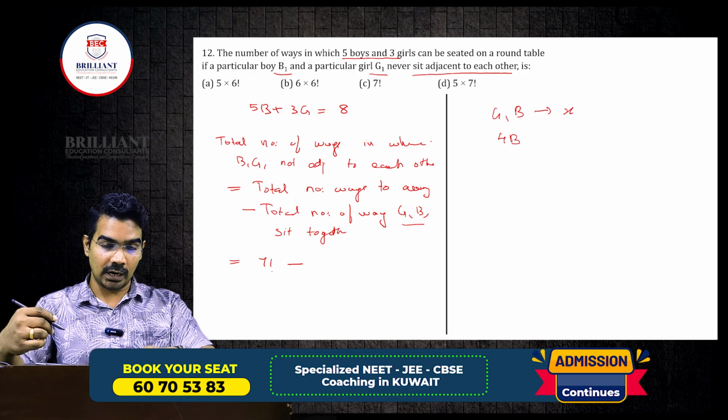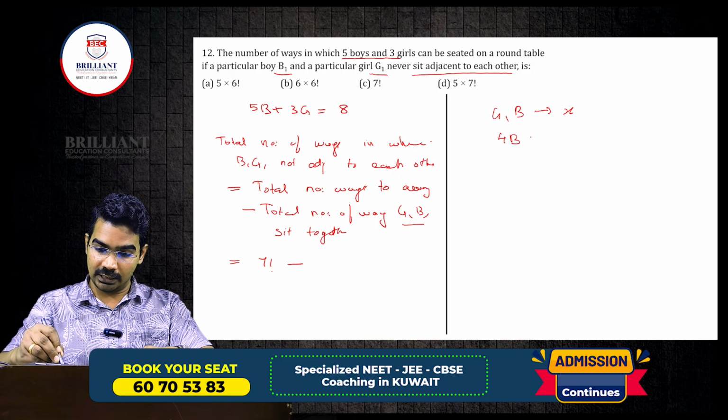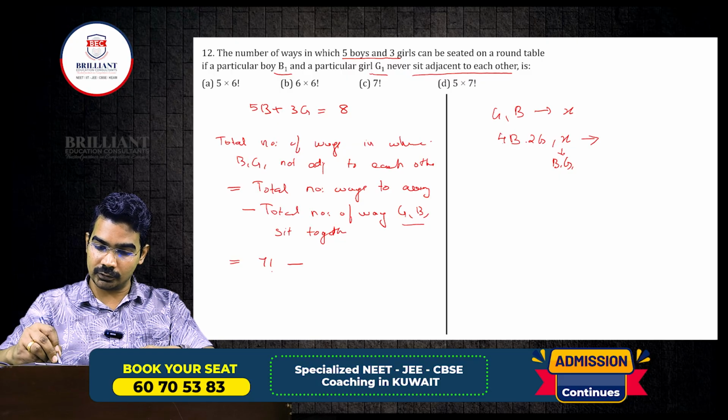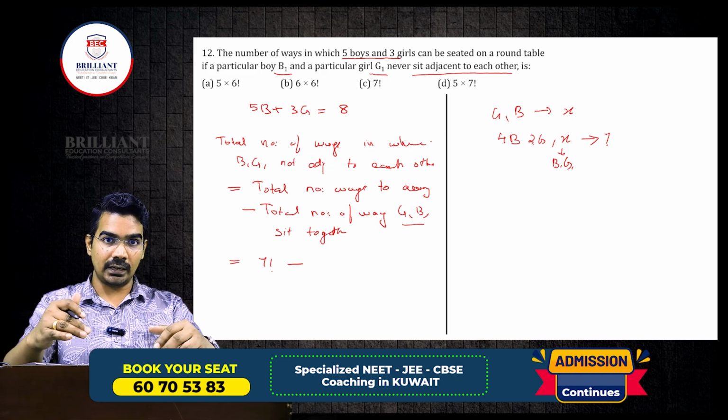Once I take G1 out of 3 girls, I have 2 girls remaining and 1 extra element, that is X, that is both B1 and G1. So how many elements do I have? 4 plus 2 plus 1, that is 7. So I am going to arrange these 7 in a circle.